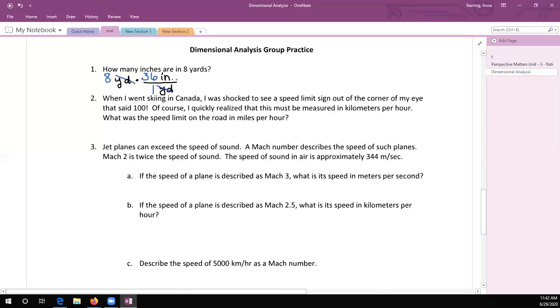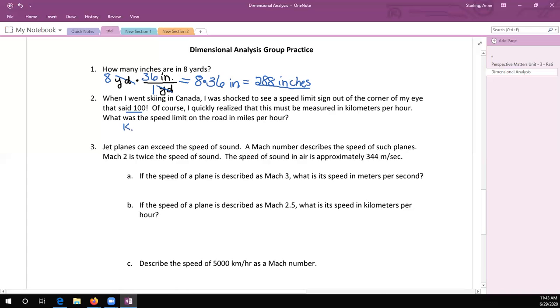And the yards will cancel, leaving me with 8 times 36 inches, meaning that in 8 yards, there are 288 inches total. Okay. Same as if I go down here, you go skiing in Canada, there's a sign that says 100, but it's in kilometers per hour.